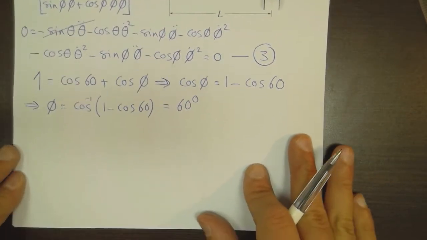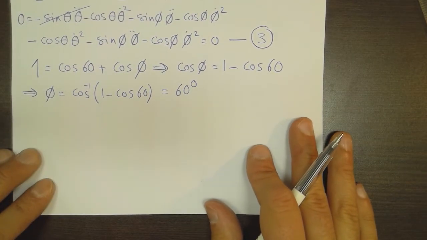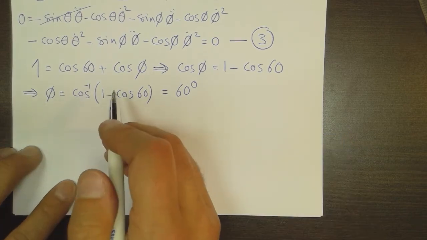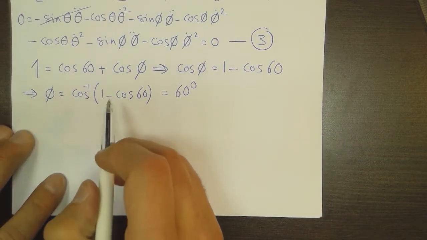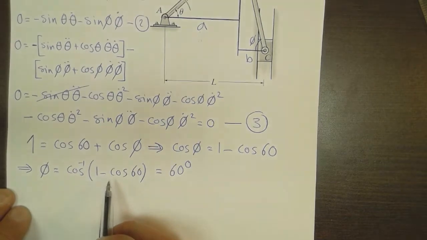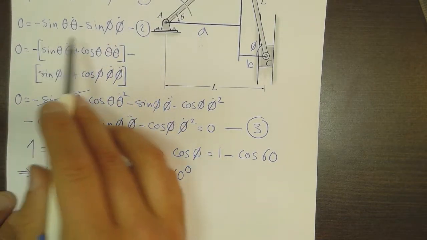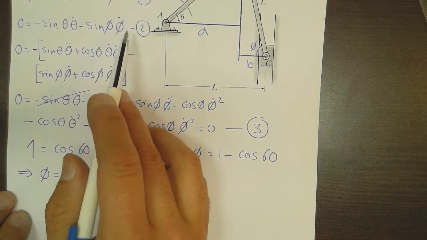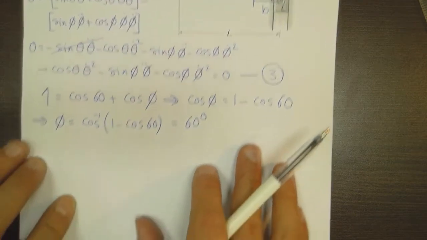So let's keep going with finding the angular velocities. We can use equation number 2 to know more about the angular velocities.